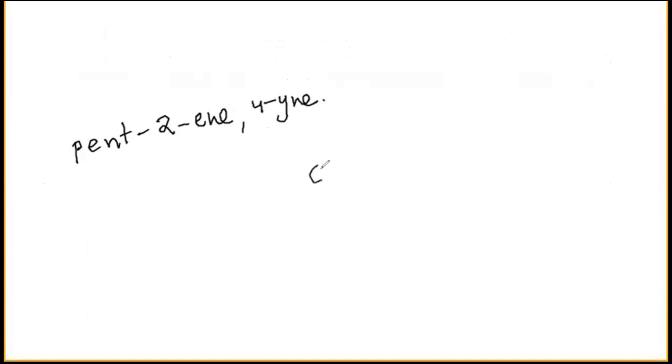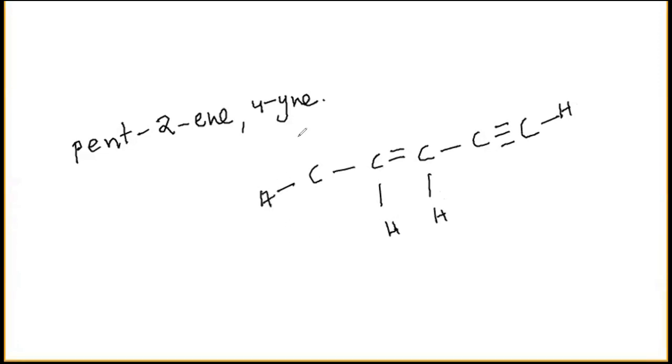Now I'll be taking carbon, carbon, carbon, carbon, carbon. Pent-2-ene, then 4-yne. The remaining bonds I'll be writing like this. Here satisfied, here also over. Here one is there, and here also one is there, and here one, and here one.